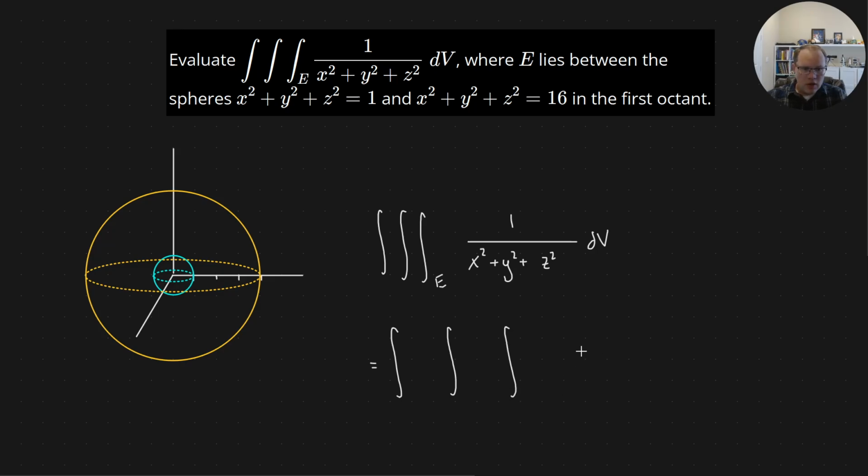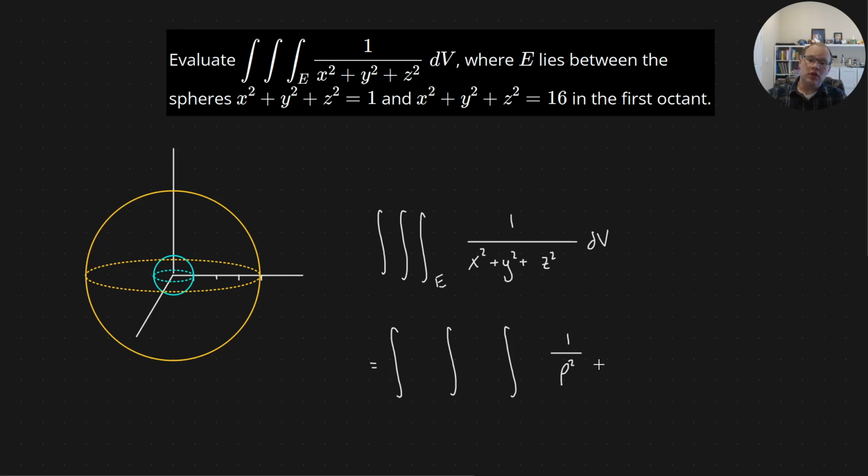Okay, so that means my integrand, I'm going to need to rewrite it in terms of spherical variables. Fortunately, that's pretty straightforward, right? X squared plus y squared plus z squared is just my radius squared, rho squared. So 1 over rho squared. So that makes my integrand nicer, which is good.